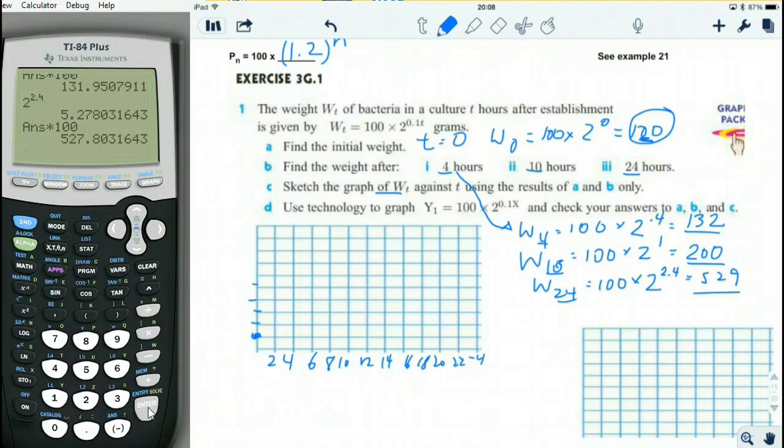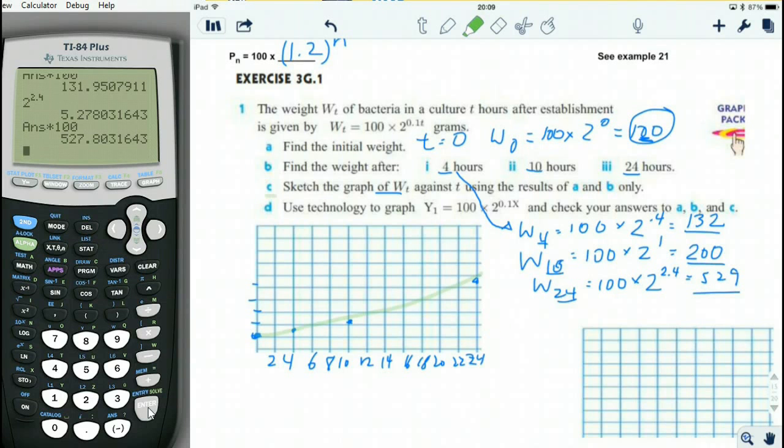So 4, 132. 10, 200. 24, 529. 529 would be about there. Okay, so it would be about like that.